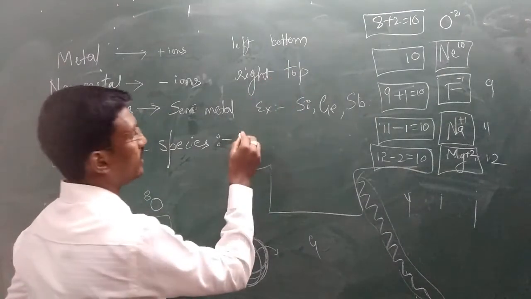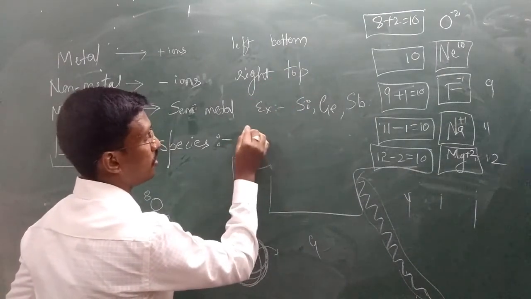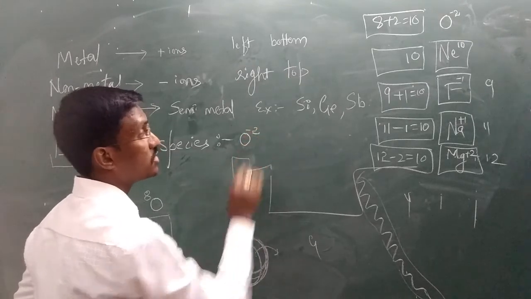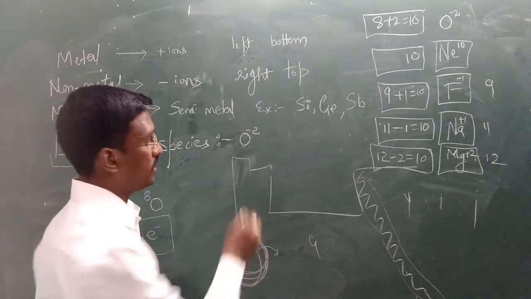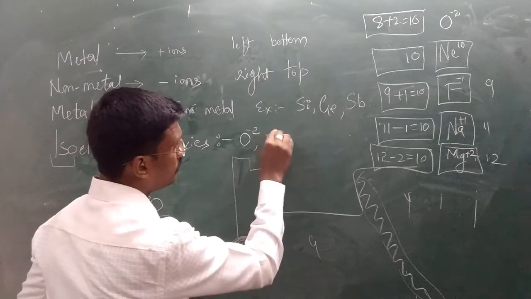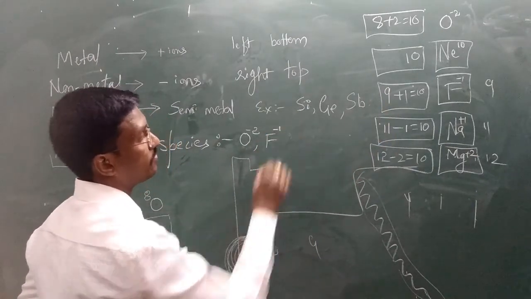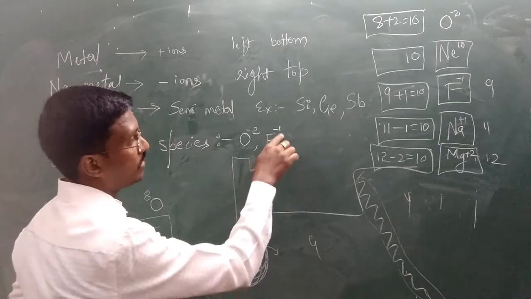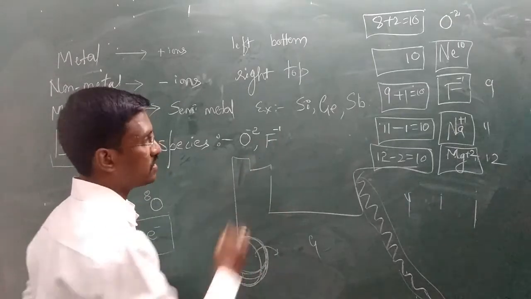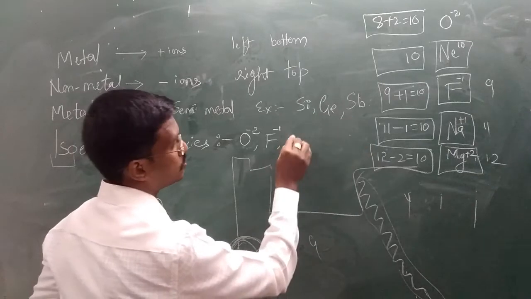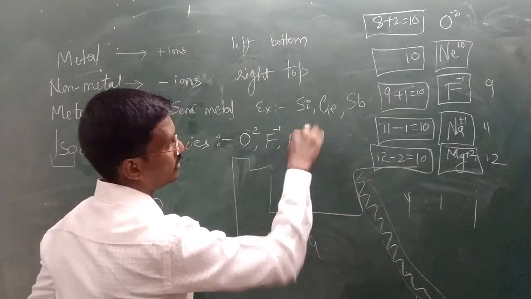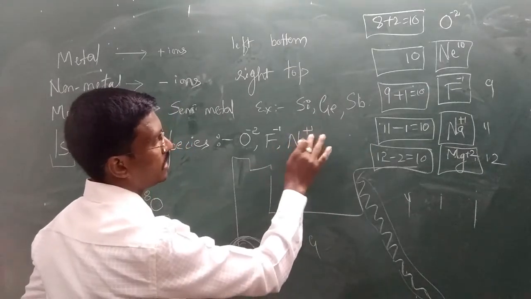For example, you can write oxygen. Don't write only oxygen; write oxygen with the charge -2. Initially 8 plus 2 is 10. Fluorine has atomic number 9; after receiving 1 electron, it is F -1. This charge should be -1 only, not -2. Then sodium, when it loses 1 electron, has a +1 charge and 10 electrons.